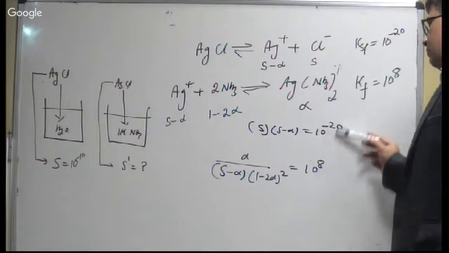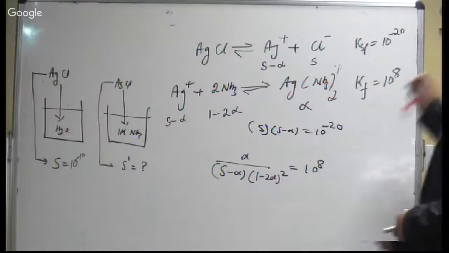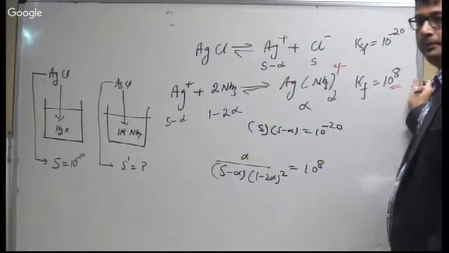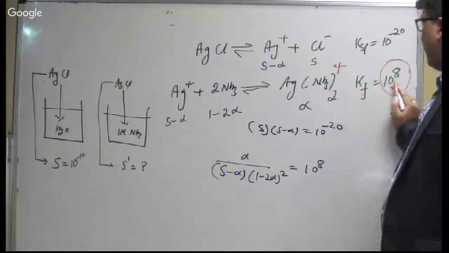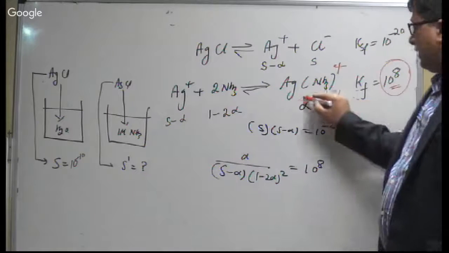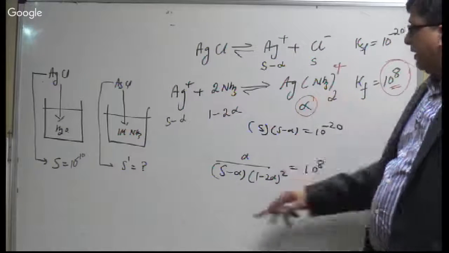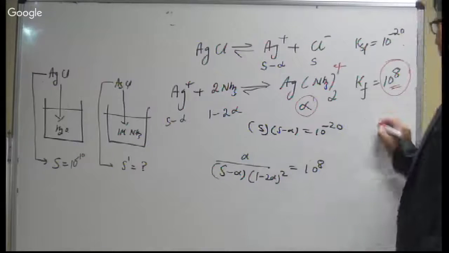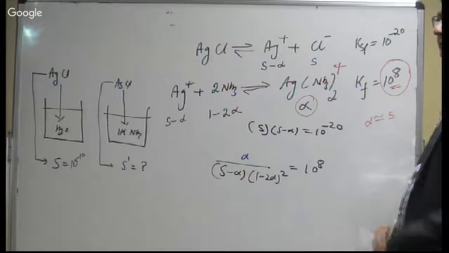Without neglecting, we cannot solve these two equations. अब हम इसको neglect कैसे करेंगे? The second equation, the Kf is 10 to the power 8. So this value is very big. If this value is very big, this reaction goes in the forward direction. So this value of alpha is very large, but because this alpha is formed from S, it cannot be greater than S. Can I say alpha is approximately equal to S?